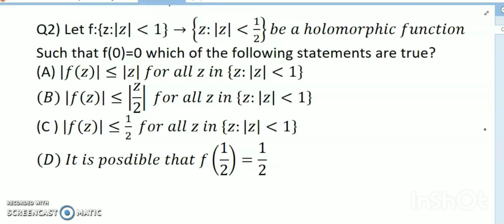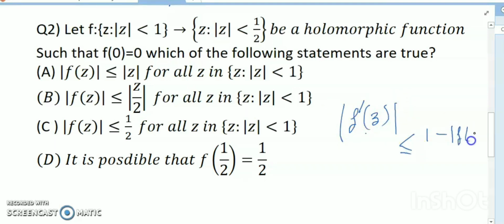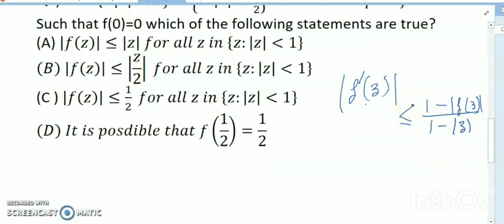Which formula is it? The Schwarz-Pick theorem. I am just recalling that this formula is also an important formula, with f z whole square and 1 by z whole square. This theorem we know as the Schwarz-Pick theorem.